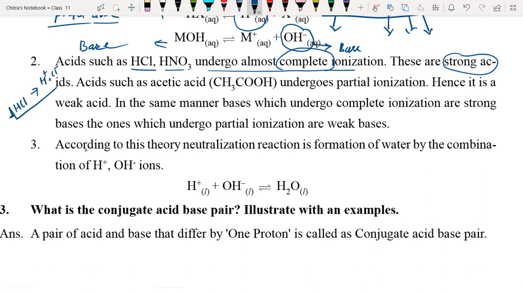Understood? Yes. Those acids that dissolve in water and dissociate completely are called strong acids.